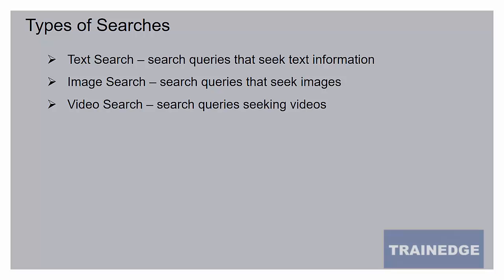Then you have image search, page full of images that match the search query or search criteria you enter. You also have video searches. These searches list only videos that match the search query that you enter. Out of these, text and video search are very important because a lot of people use that. People also search for images, but not as much, and image searches are not directly applicable to most businesses.